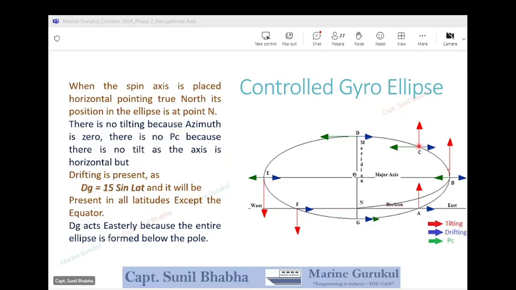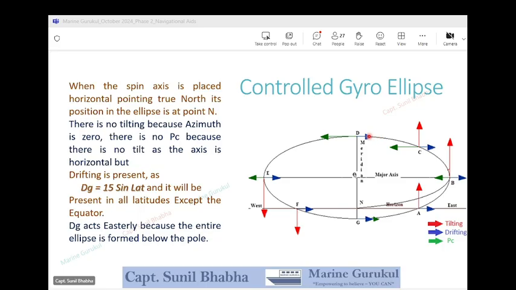And because of this reduced azimuth, the tilting vector has also become much smaller as compared to what it was at point Bravo. So under the effect of these three forces at point Charlie, it moves further westwards. The tilt keeps on increasing, making the control precession more and more stronger. And as it keeps on closing into the meridian, azimuth reducing, the tilting is also reducing.